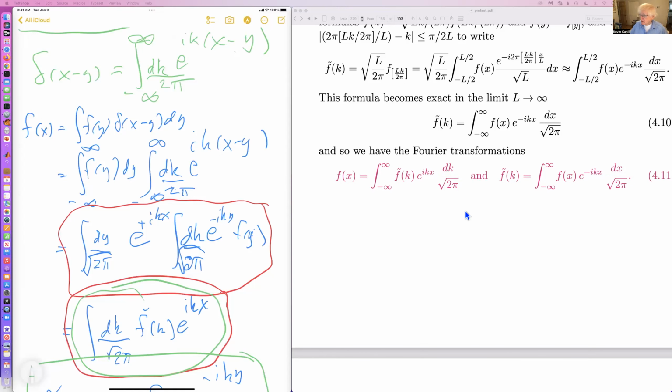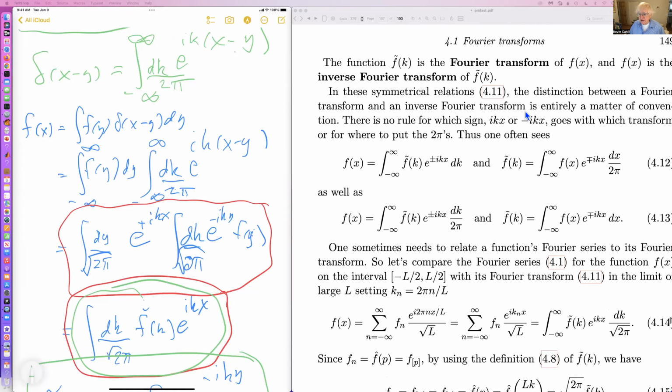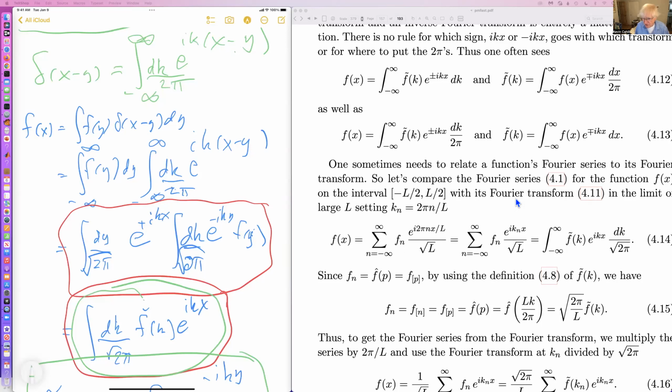On the other hand, once you become familiar with this, then you can use plus here and minus there, or you can use minus here and plus there. You can put the 2 pi's over here, or you can put the 2 pi here. It really doesn't matter, but you just have to be consistent, as with Fourier series.